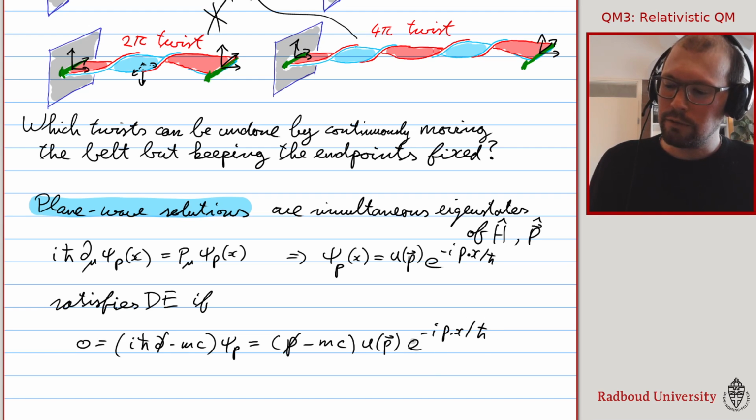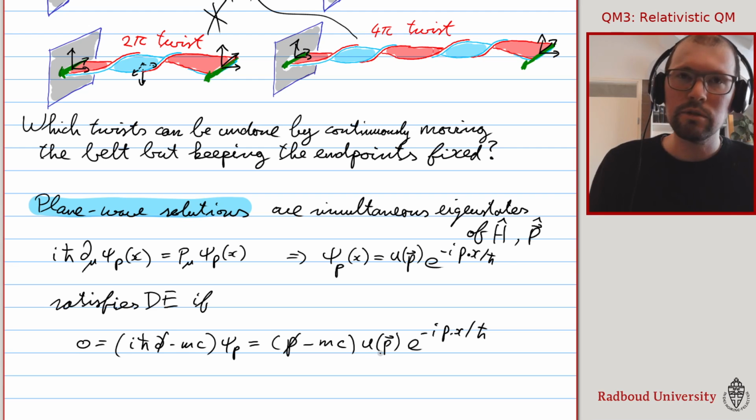Okay, so what does it mean to require this to vanish? So recall this is p mu contracted with the gamma matrices. So this is a non-trivial 4x4 matrix. And I'm subtracting mc times, well, the identity matrix. I might have included it here explicitly.